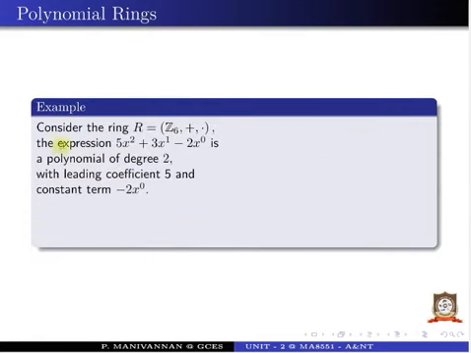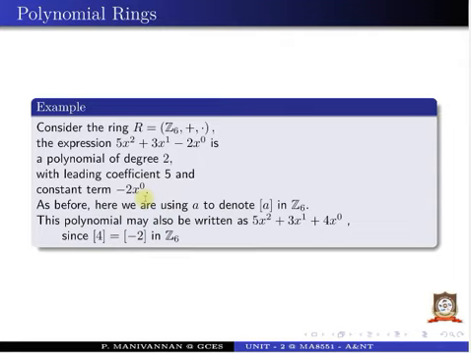Consider the example R equal to Z6 with plus and dot. The expression 5x square plus 3x power 1 minus 2x naught is a polynomial of degree 2 with leading coefficient 5 and constant term minus 2x power 0. As before, here we are using a bar to denote the integer modulo 6 class in Z6.